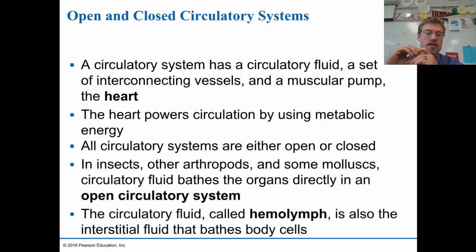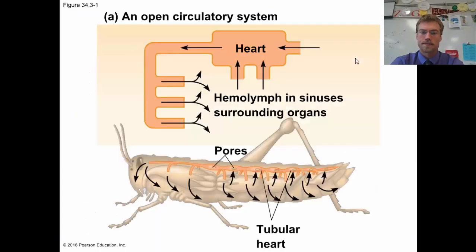An open circulatory system is one where the fluid that the system circulates bathes and surrounds all the organs directly, and there are no specific vessels that the fluid flows through. In an open circulatory system, that fluid is called hemolymph, and it is also the fluid that bathes all of the body cells.